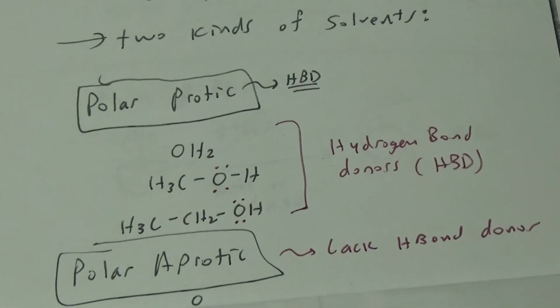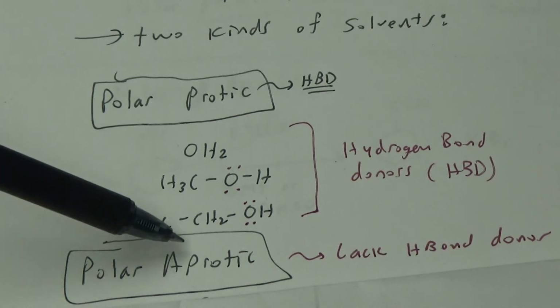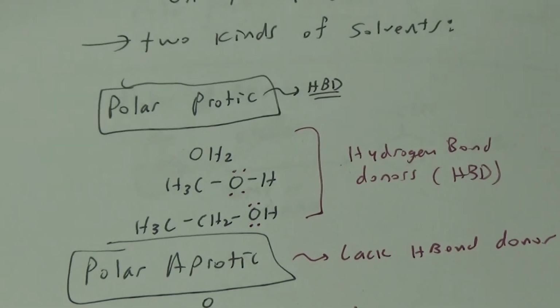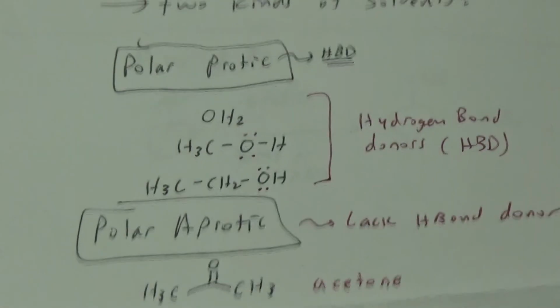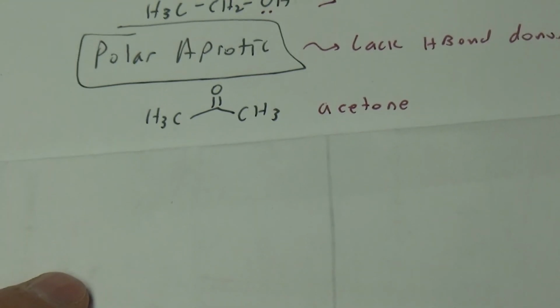Okay, and then we have polar aprotic solvents, which are polar by nature of having a dipole, like a C double bond O or something like that. But they're aprotic in that they lack an H bond donor. All right, this is all from last time. Typical examples are like acetone. Acetone has a ketone functional group.